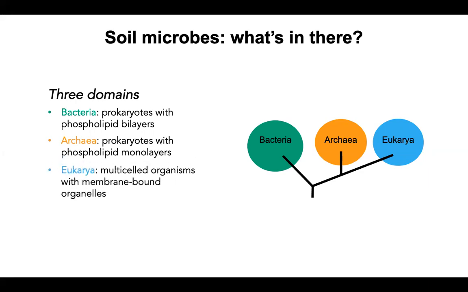Then we have eukarya, which are multi-celled organisms, and specifically they have membrane-bound organelles within them. So eukarya, which is just one of these 3 domains, is all of these multi-celled organisms that we see every day. It's you, it's me, it's your pet chameleon, it's plants, all of those things are in this domain of eukarya. Now, traditionally, we've thought of life as being in 3 domains.